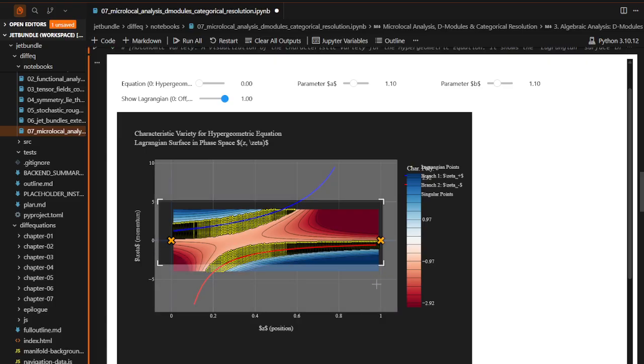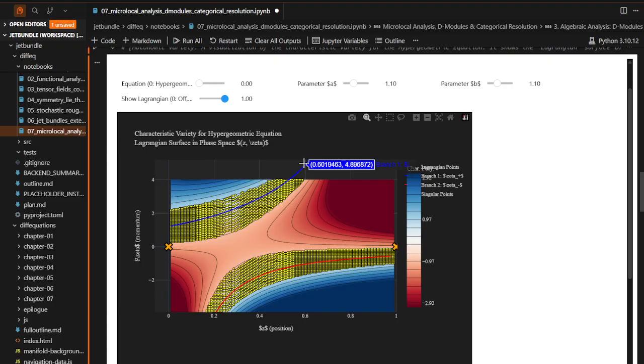This is branch 1, the first branch, and this is the second branch. I can't hover over it, and then this is the Lagrangian. These are the Lagrangian points, or the Lagrangian densities. This Lagrangian surface tells us everything we need to know about these D-modules.